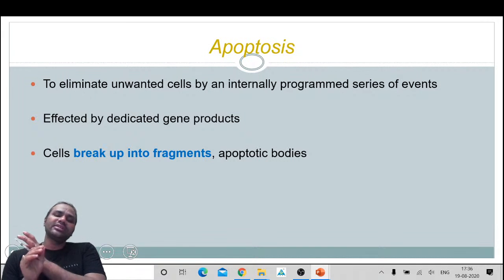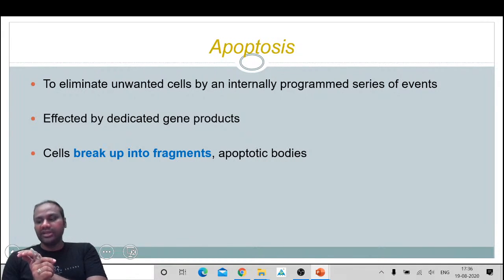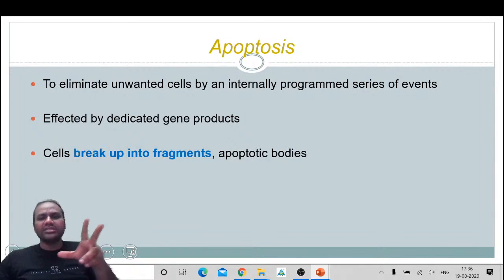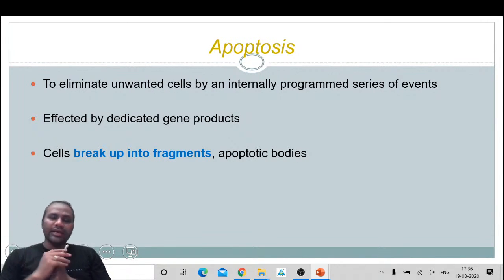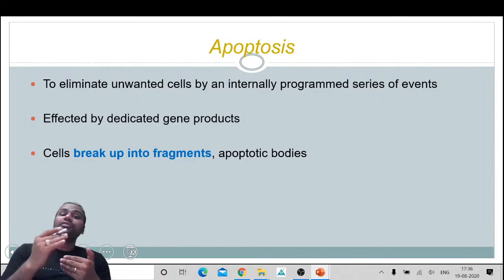So the dead cell will call those inflammatory mediators, and the different cytokines released by the inflammatory cells recruited over there will also activate necrosis. So this inflammation will also result in necrosis.